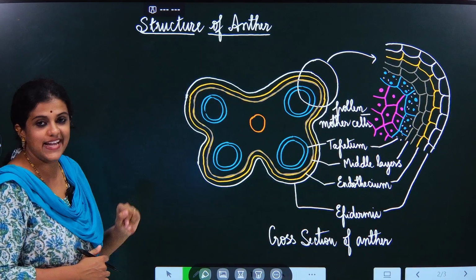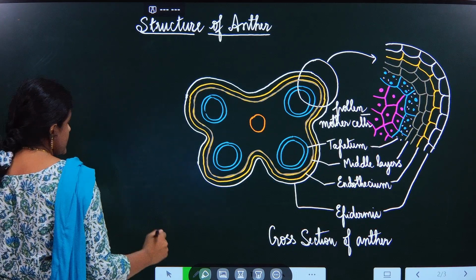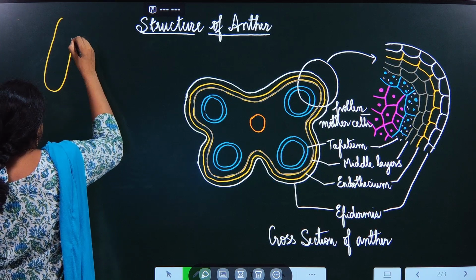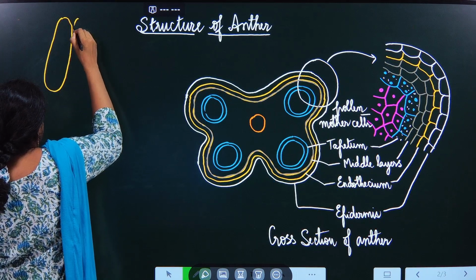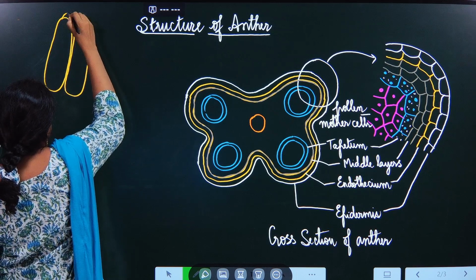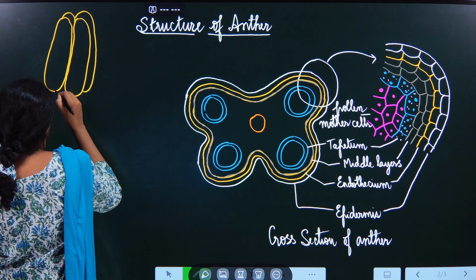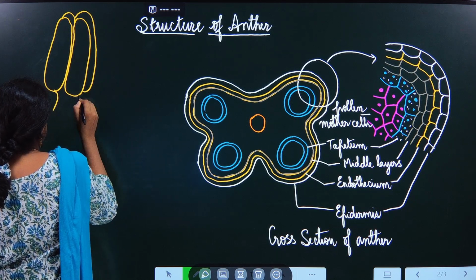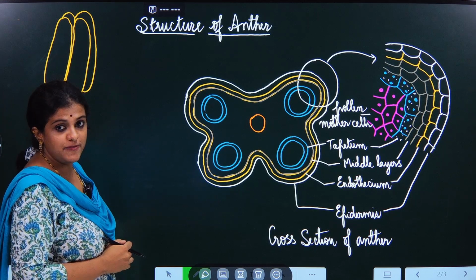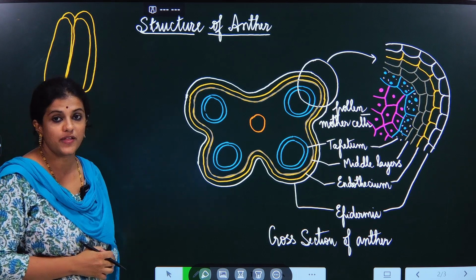This is a diagram which I have already kept ready, but before going to that, I would like to draw the structure of anther in specific. So, this is an anther. Of course, this is the filament. I am not going to emphasize on filament now. My topic is anther.